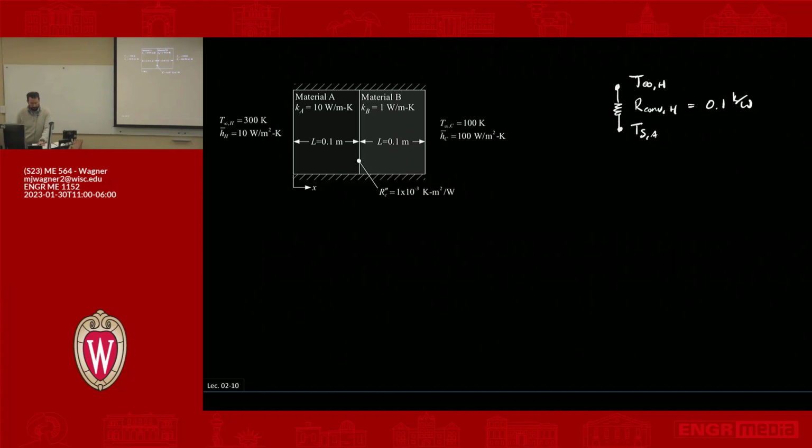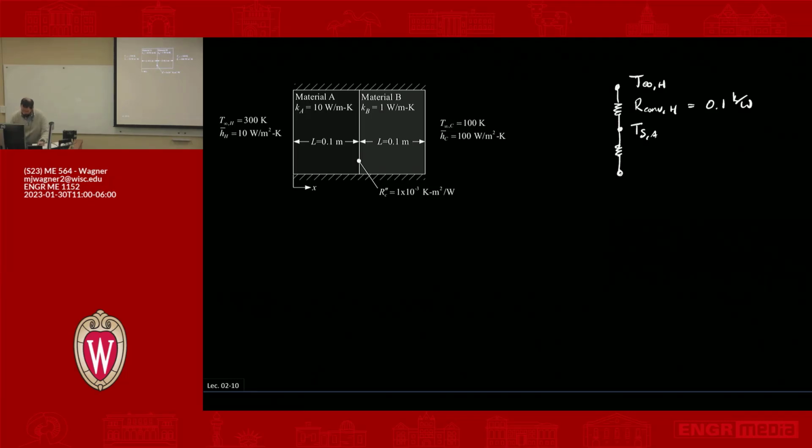What's the next resistance? In series with this, with heat flowing this way, after the convection we have this node, and now a conduction resistance. Let's model that. That would be T surface A, another resistance to the next interface.